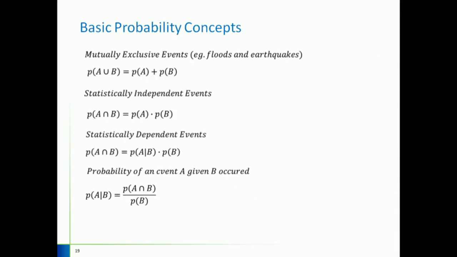Like we said earlier, mutually exclusive events, A or B, probability of A plus probability of B, and this one important, probability of A and B is equal to probability of A times probability of B. Let me see what else is the important one here. So here you can kind of deduce this equation yourself too.